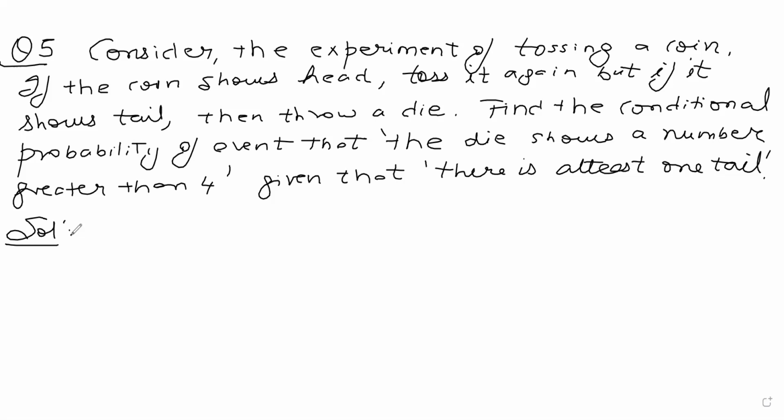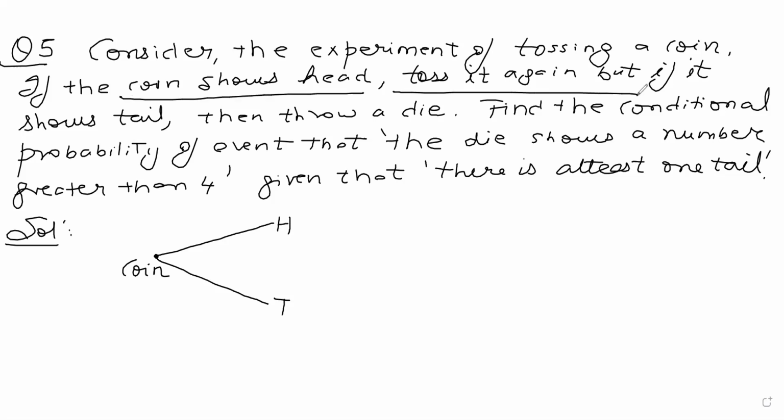So for questions like these, let's describe the sample space. How do we write the sample space of this experiment? Now the experiment is as follows. We toss a coin. You can see I'm drawing a tree, which makes it easy. The coin can give me either heads or tails. Now the question says if the coin shows a head, you toss it again.